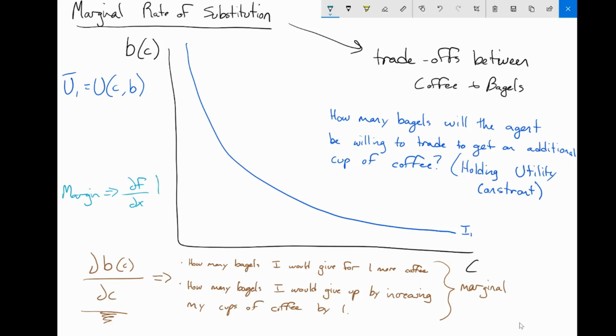So just keep that in mind. This relationship, the derivative of bagels with respect to coffee, is going to be the marginal rate of substitution. Let's go back to Brown. I picked the wrong Brown. It's the marginal rate of substitution.